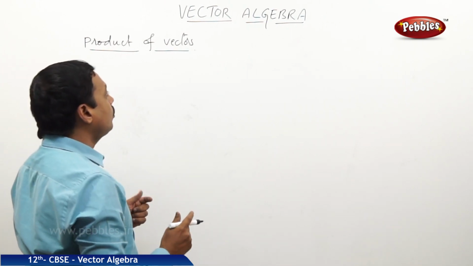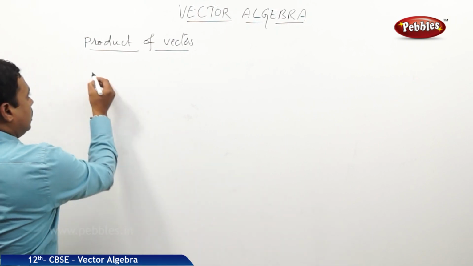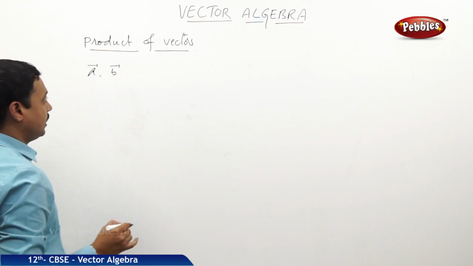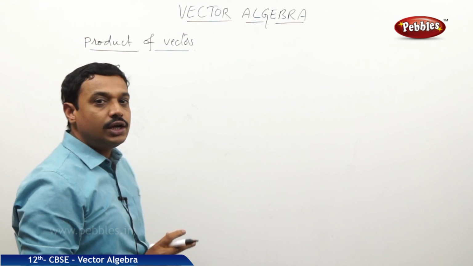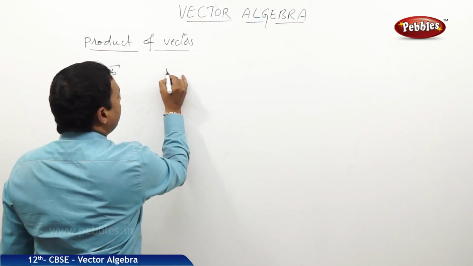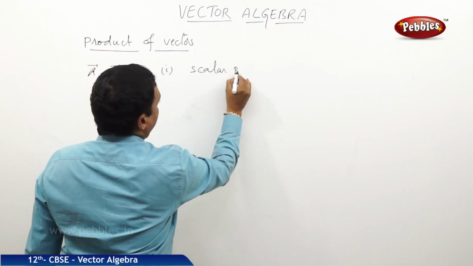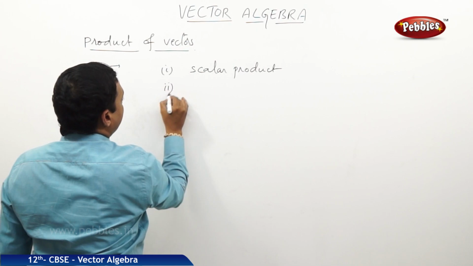But how can we multiply two vectors? Is it possible? Yes. If two vectors A bar, B bar are considered, the product of these two vectors is defined in two ways. One is the scalar product and the second one is the vector product.